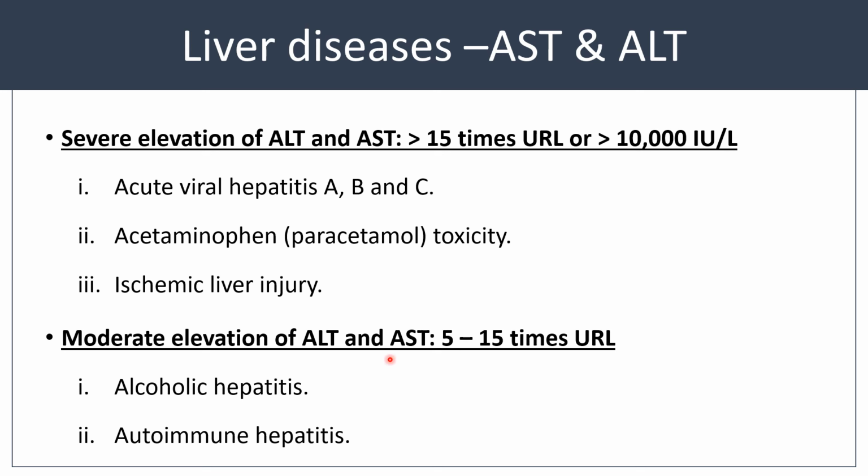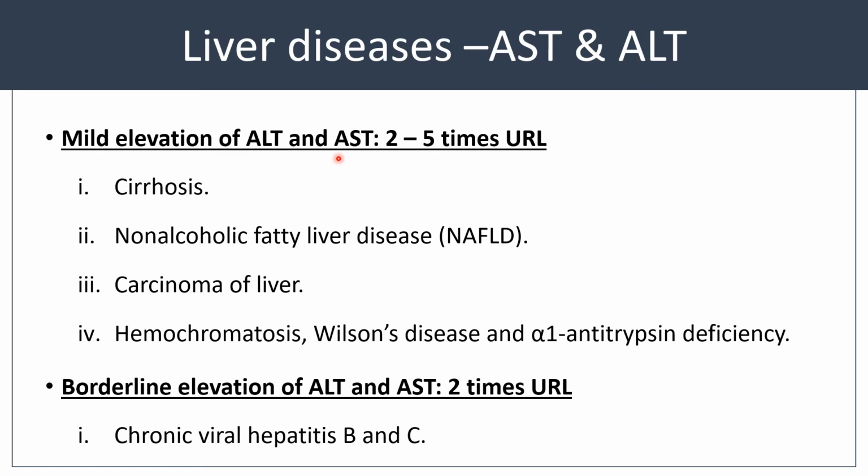And if ALT and AST values in the patient are elevated 5 to 15 times the upper limit, then most probably the patient has alcoholic hepatitis or autoimmune hepatitis. If ALT and AST values are 2 to 5 times elevated compared to the upper limit, then most probably the patient has cirrhosis or NASH, that is non-alcoholic fatty liver disease, or carcinoma of liver, or Wilson's disease, alpha-1 antitrypsin deficiency, hemochromatosis.